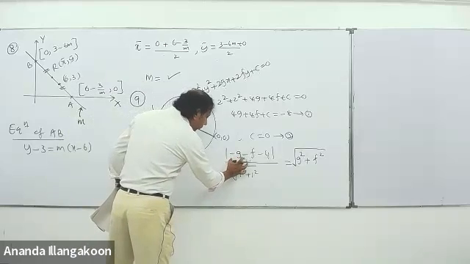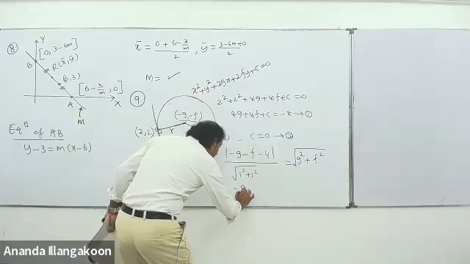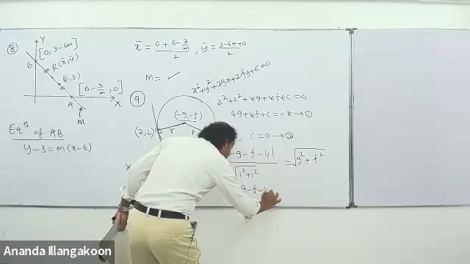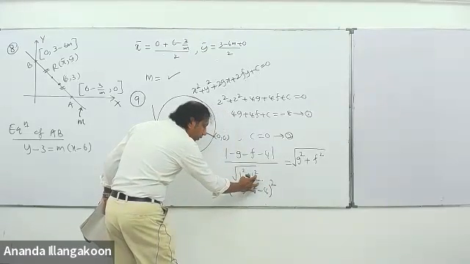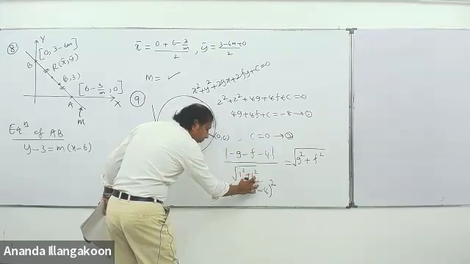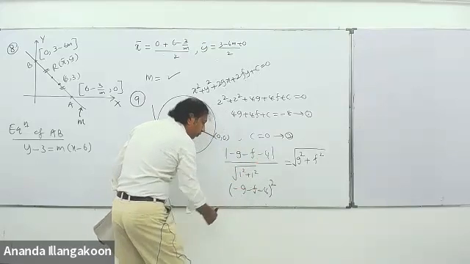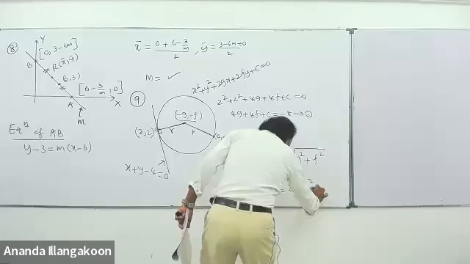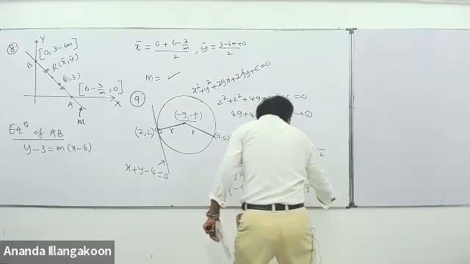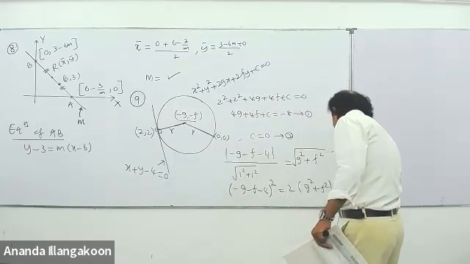So we can write (-g - f + 4) squared, divided by 1 squared plus 1 squared, which is root 2, whose perfect square is 2. The square will eliminate the root. Number 3.